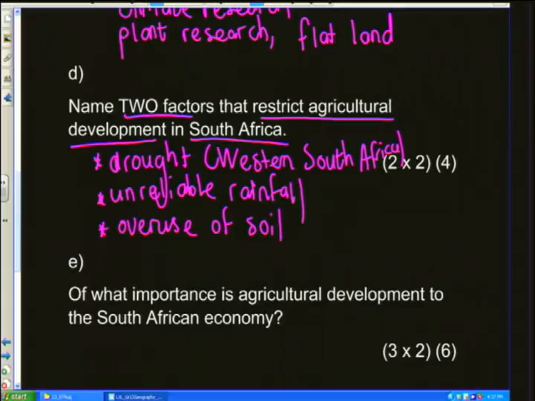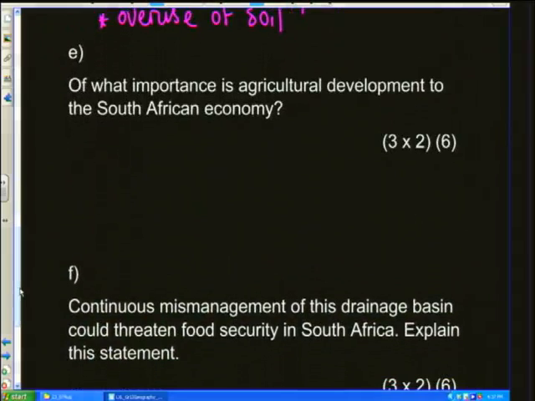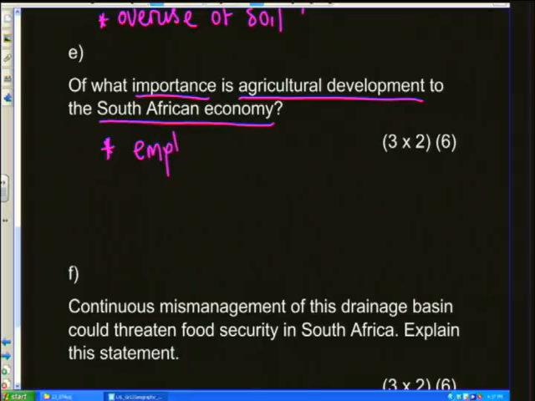Let's have a look at question E. Of what importance, why is it necessary, in other words, is agricultural development to the South African economy? So we've mentioned a few things here before, and we've discussed them at length already. Firstly, we have a lot of employment. And remember, that was both direct and indirect employment.